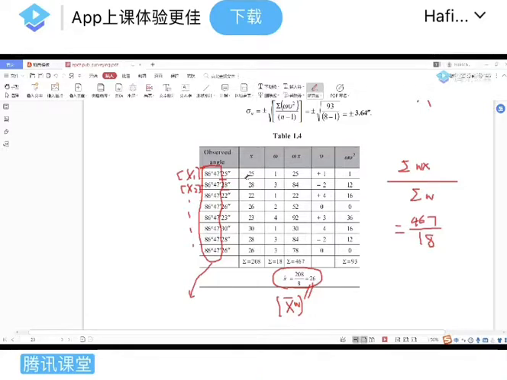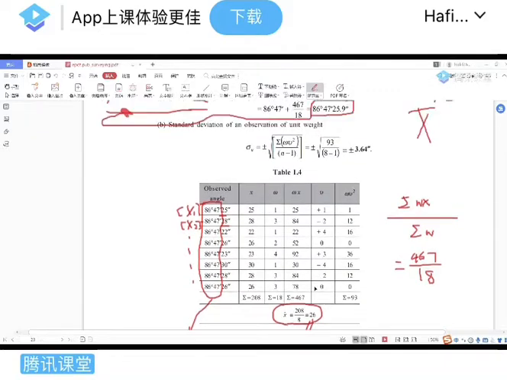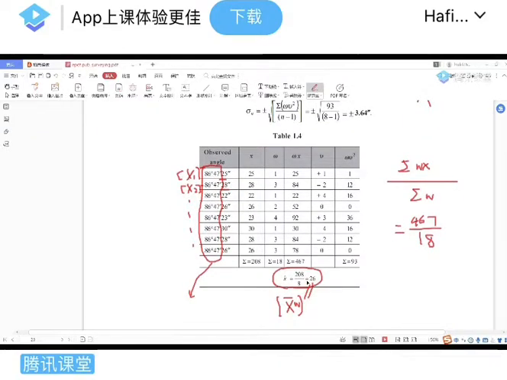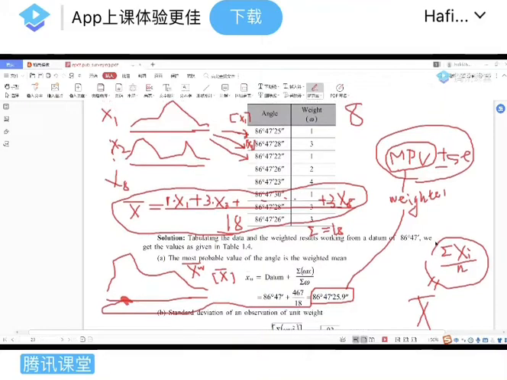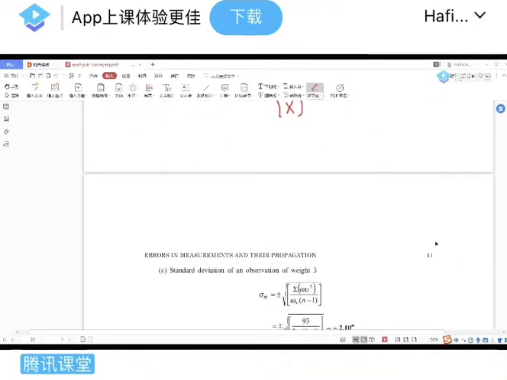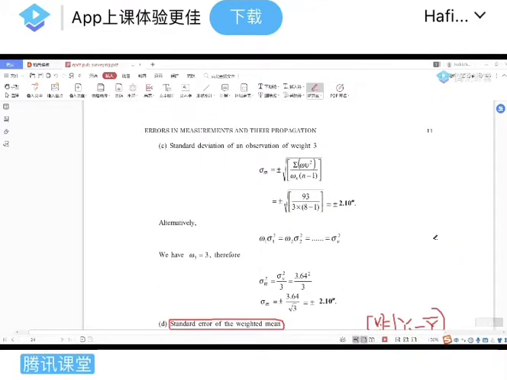Let me see. This is your x, this is your 208. This is not our weighted mean. The weighted mean will be this one. So in principle, you have to subtract the weighted mean.